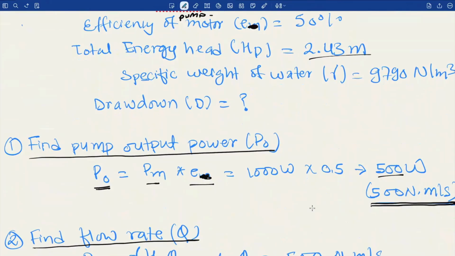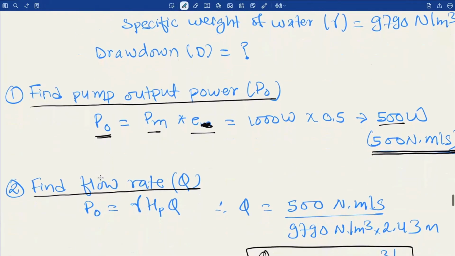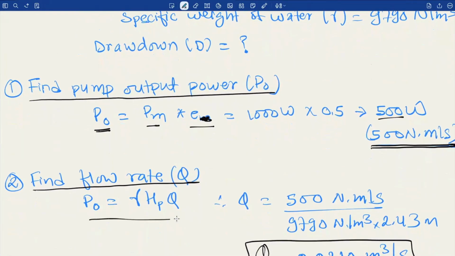Now the next step, since we already know P naught, we will use it to find the flow rate. For flow rate we know this formula: P naught is equal to specific weight times HP times Q. HP is given, the specific weight is given, and P naught is also given.